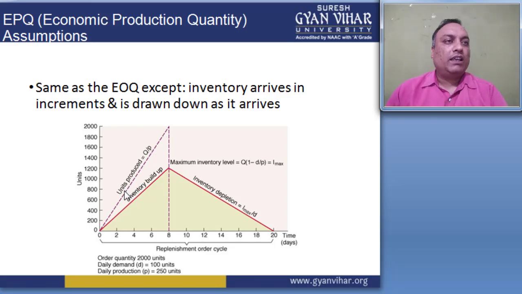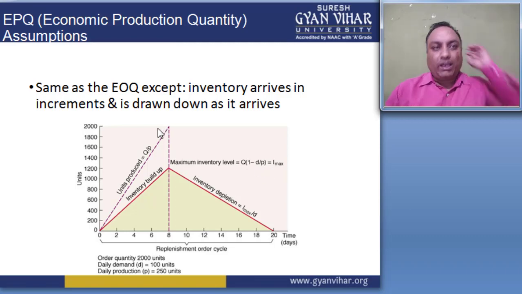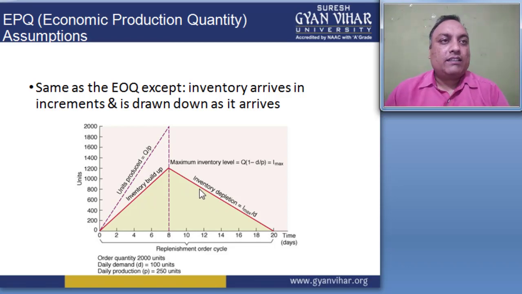This dotted line shows the units produced, and this solid line shows the inventory buildup. This is the maximum inventory level, I max equals Q times (1 minus D by P). For this length, the inventory depletion region is I max divided by D.